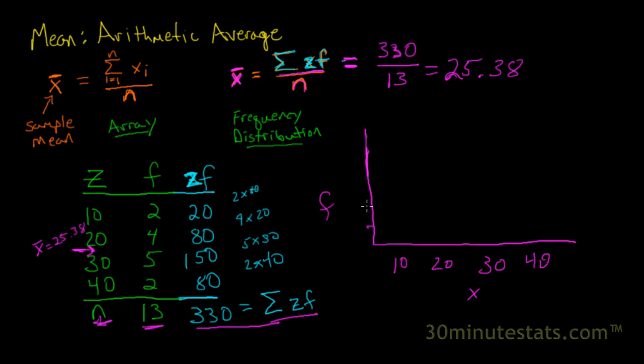And we'll say we have 1, 2, 3, 4, and 5. So there were 2 10s in our frequency distribution. There were 4 20s. There were 5 30s. And there were 2 40s.